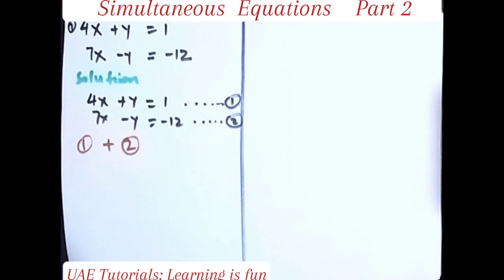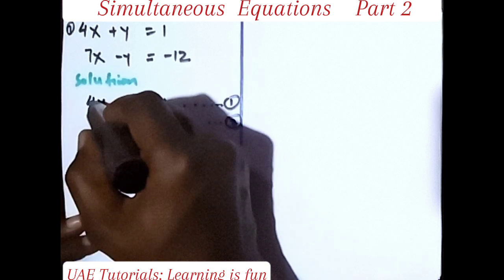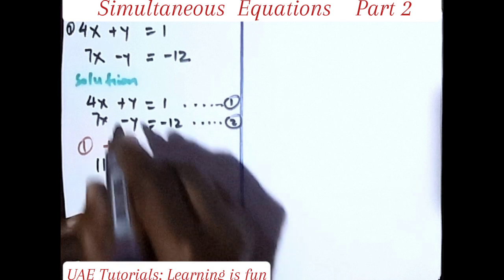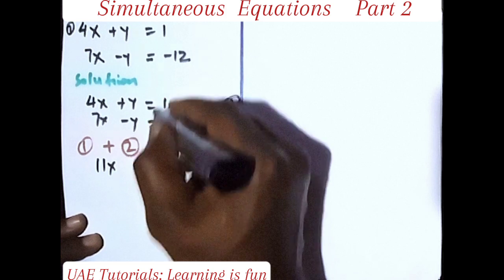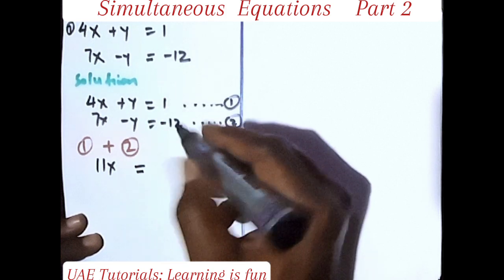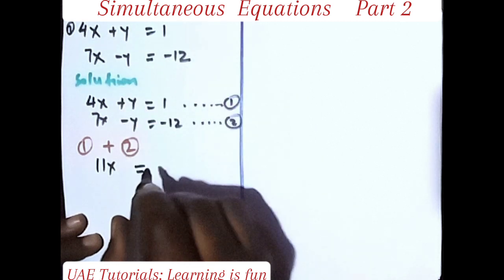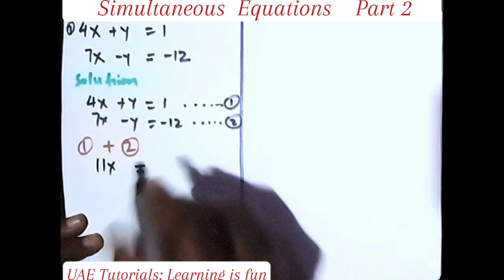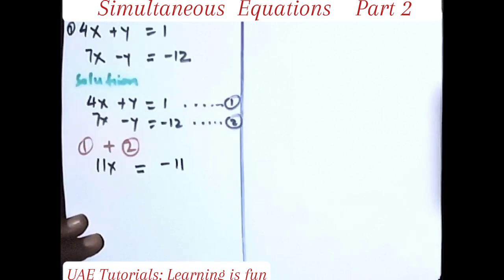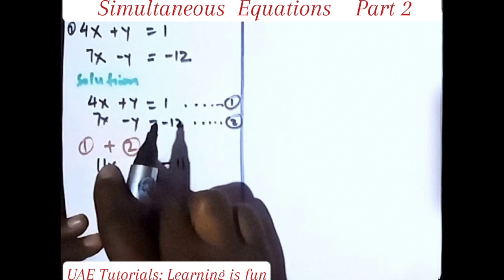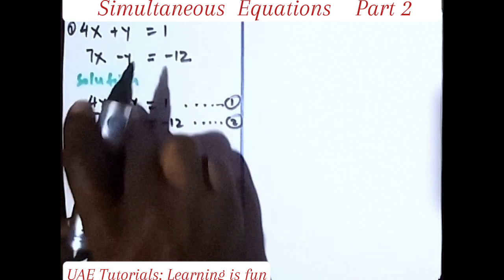If we add equation 1 and equation 2, 4x plus 7x will give us 11x, and plus y minus y will go away. 1 minus 12, we're just adding the two equations. 1 minus 12 is minus 11. So as you can see, we have successfully eliminated the y variable.